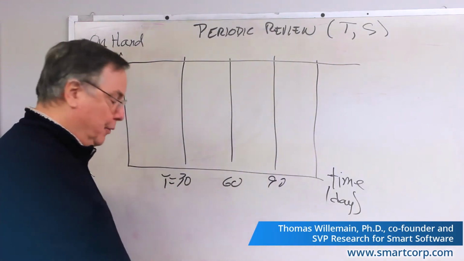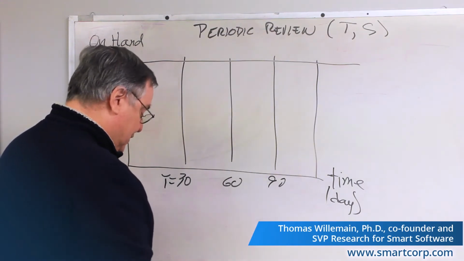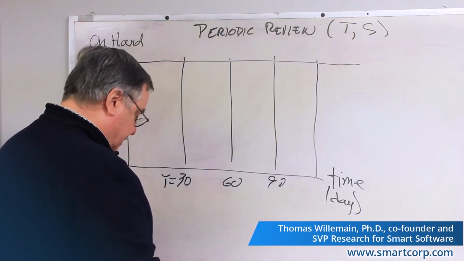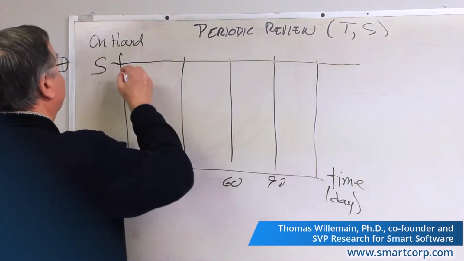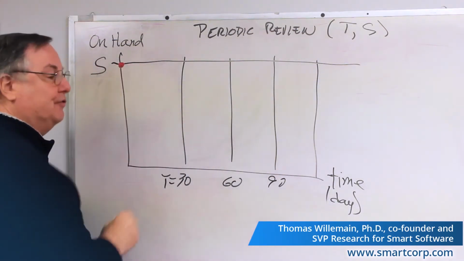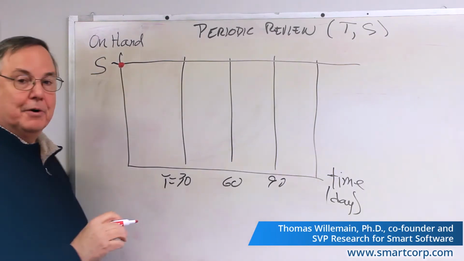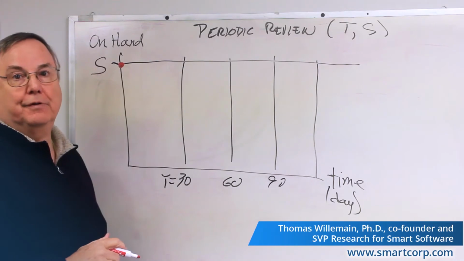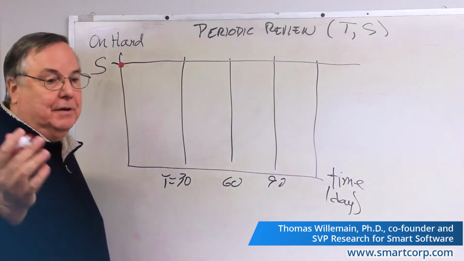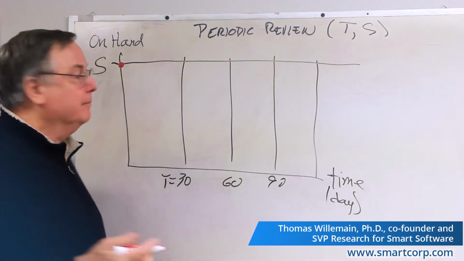So let's see how the inventory would play out as days go by. And maybe we'll use red here to illustrate. Let's suppose we start out at time 0, like now, and we have an amount equal to the order up to level, which might be, let's say, 30 units.